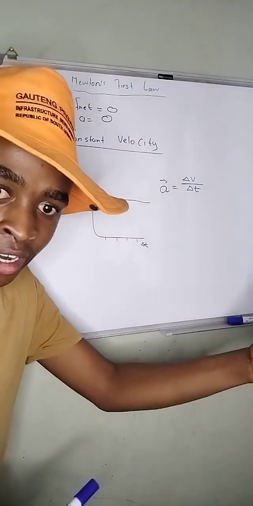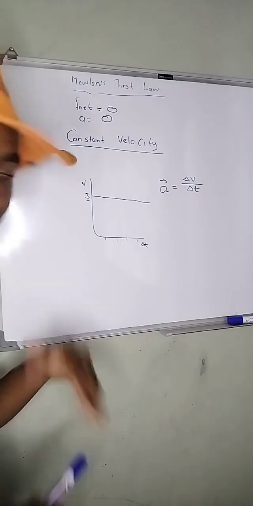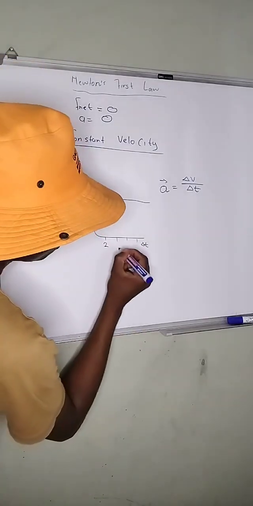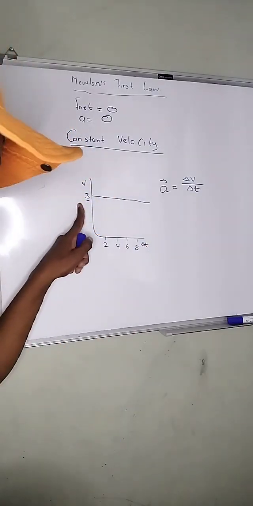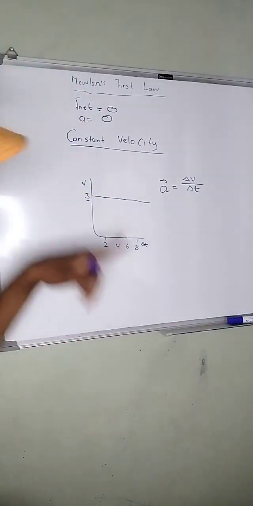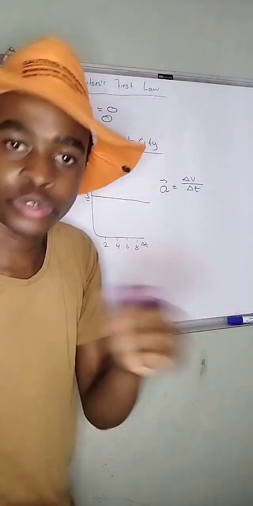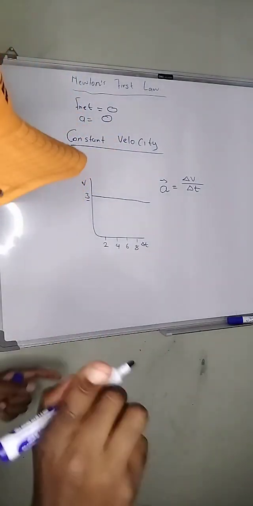What is V final minus V initial? Let's say my time is 2, 4, 6, and 8, and the velocity doesn't change. It remains 3, 3, 3, and 3. Very good. The change in velocity is going to be 0.